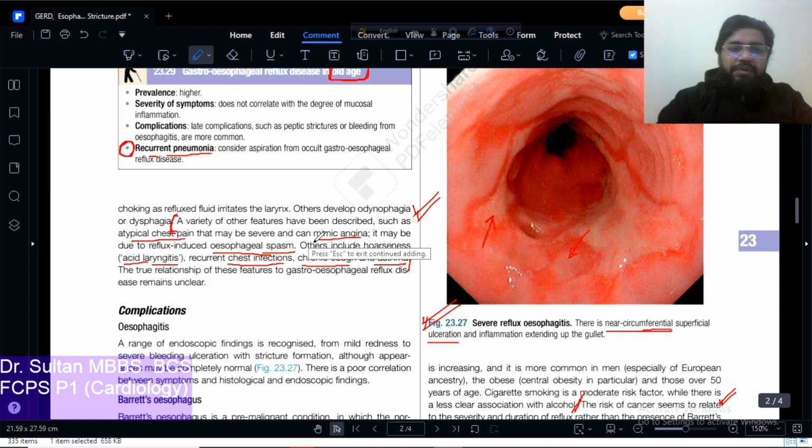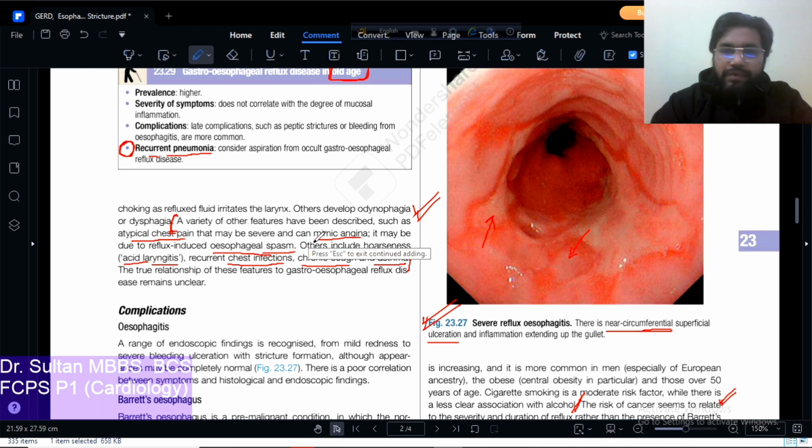Now, there are some important conditions that are associated with reflux disease. The patient can have atypical chest pain, and it can mimic a heart attack or even angina. So why does angina-type pain occur in reflux disease? It causes esophageal spasm.